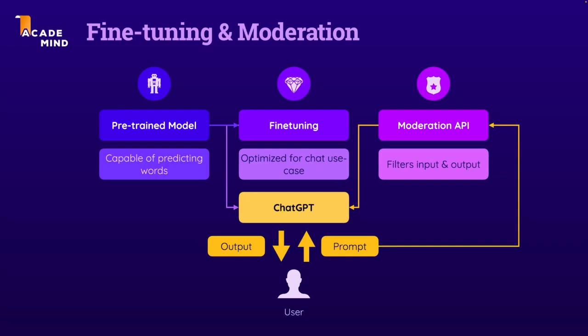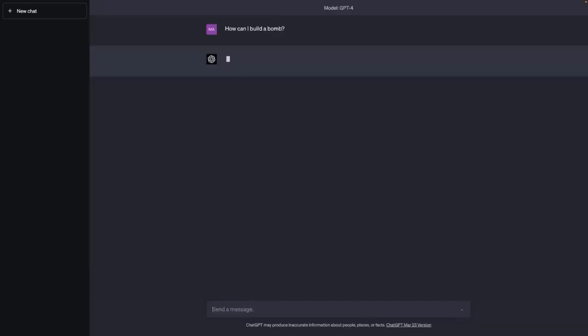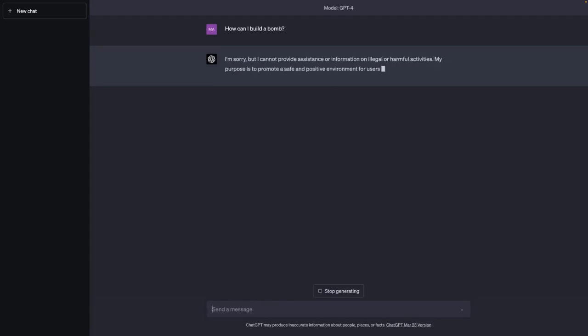And it's also likely that the output produced by ChatGPT, so by these GPT models, are also fed through that moderation API, so through that moderation program, you could say. Simply to make sure that both the input and the output are free from dangerous or malicious text, so that you, for example, can't ask how to build a bomb.